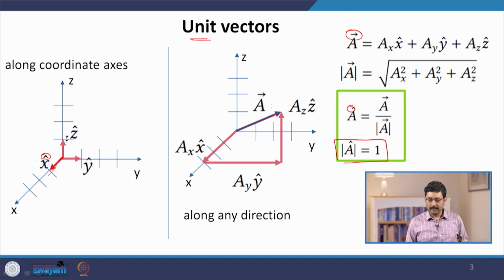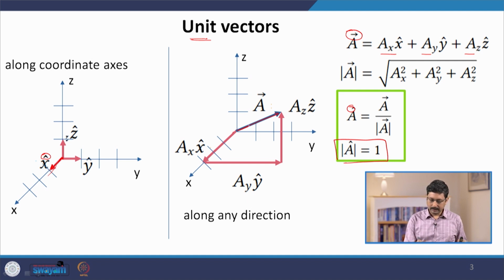The unit vector along A is a vector whose magnitude is 1 and whose direction is the same as the direction of A. As we saw in the previous lectures, we can write A as a vector sum of 3 little pieces, one along the x axis, one along the y axis, another along the z axis, and these Ax, Ay, Az represent the corresponding components along the x, y and z directions.